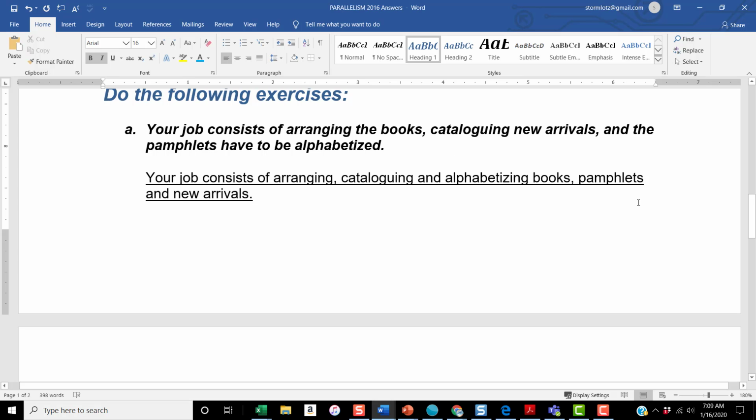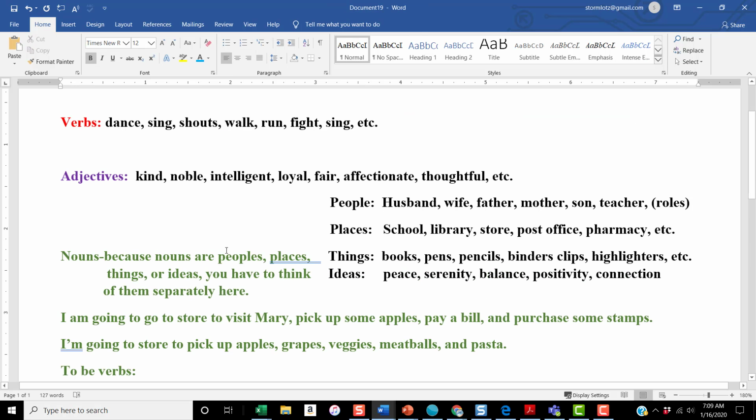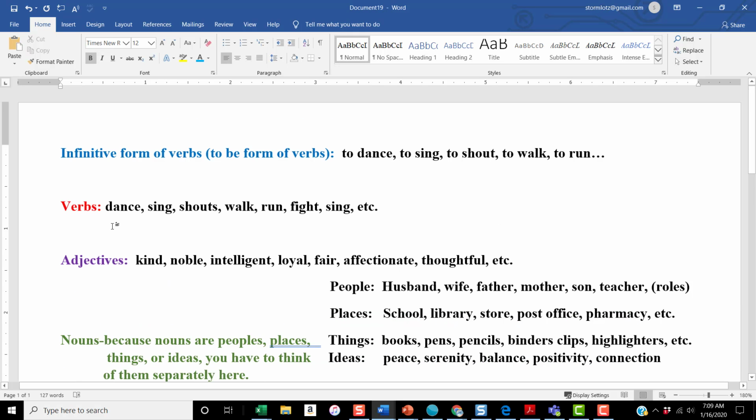So I think your instincts are really good on this, and that you notice this. So when you have an ing form of a verb, this is another form of a verb, it's called a progressive. What else is it called? Continuous.